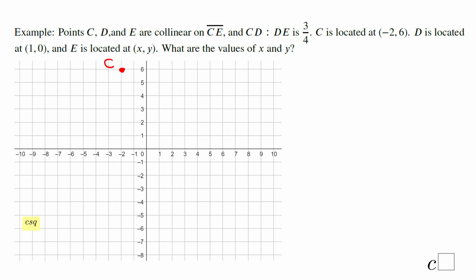D is located at (1, 0). That means right here on the x-axis. And E we need to find out. We know C. So again, this is D. We know CD over DE is 3/4.